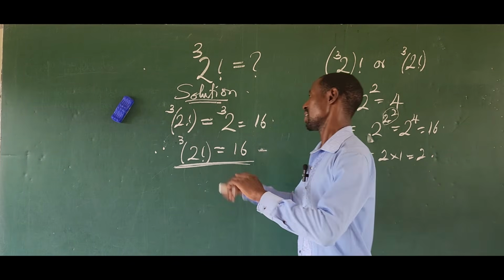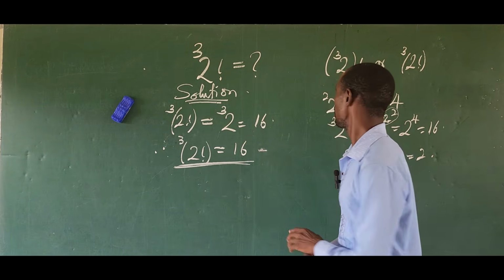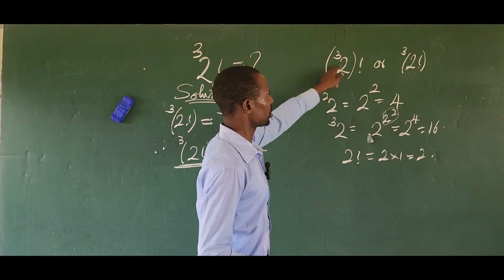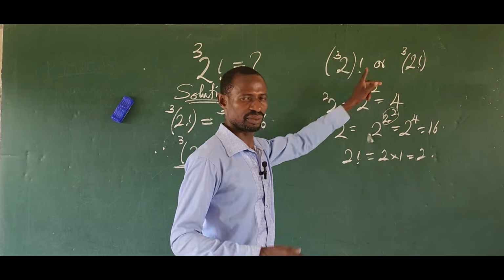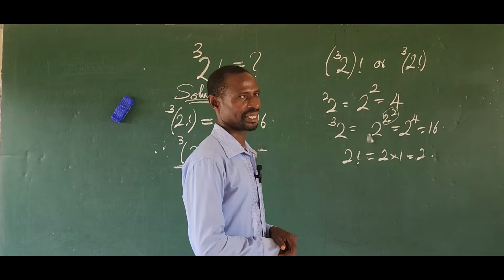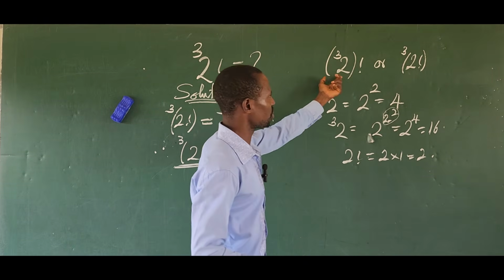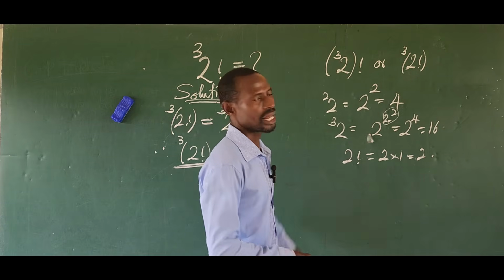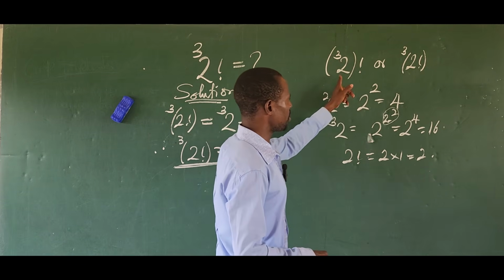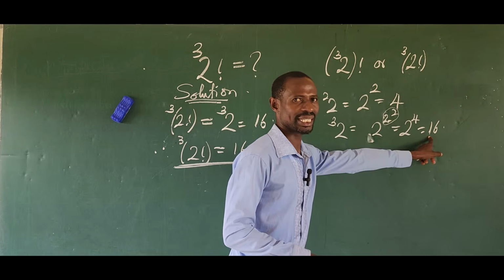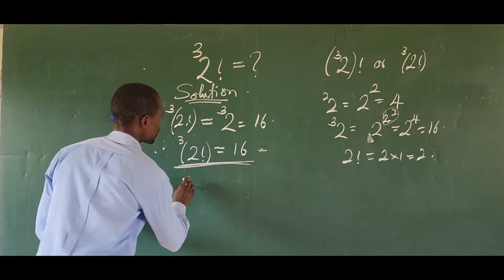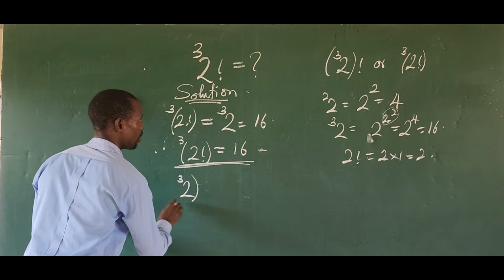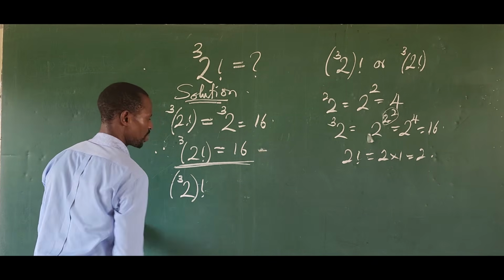Now let's look at the second case scenario. What if it is in this format here? Here we are having 2 tetration 3 factorial. What will now be the answer to this? First of all, we have to treat that which we have inside the bracket first. So we have 2 tetration 3, and that we have solved to be 16. So taking the second case scenario, we have 2 tetration 3, all in brackets, the factorial.